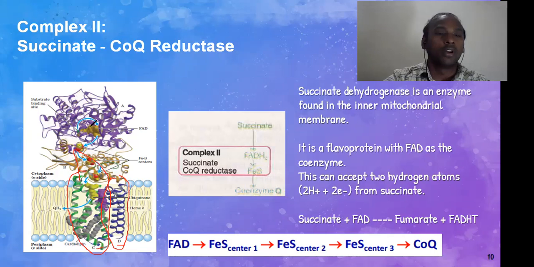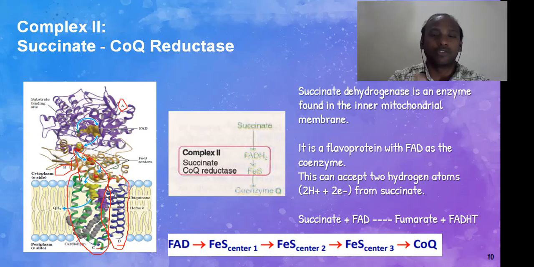There will be 2 of them. The cytoplasmic domain is A, and the cytoplasmic domain is B. These cytoplasmic domains A and B have the FAD and iron sulfur centers, where exactly the electron transport is happening. Here I have shown it in a better way.